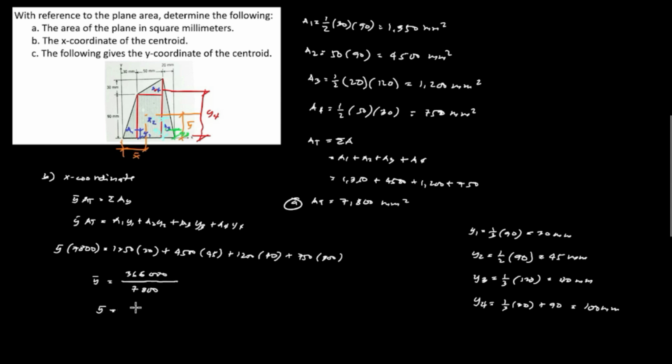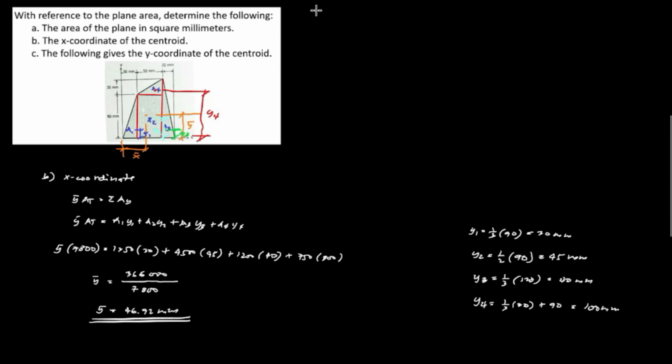Y bar is equal to 366,000 all over 7,800, and y bar is equal to 46.92 millimeter, and this is the distance from the x coordinate. And for letter C, we'll find the distance along the y coordinate.